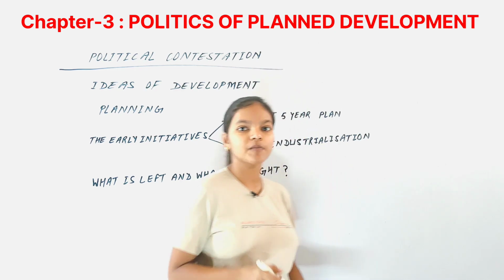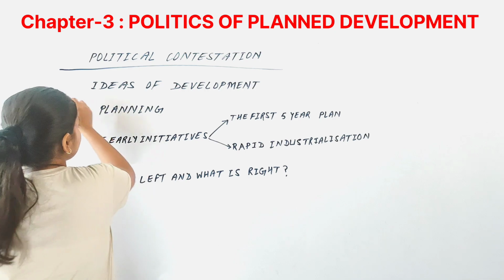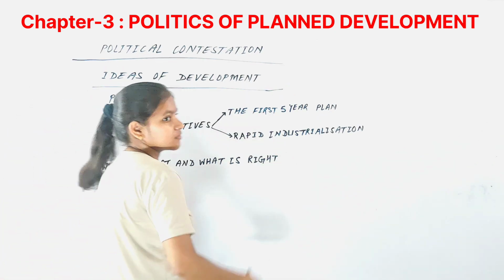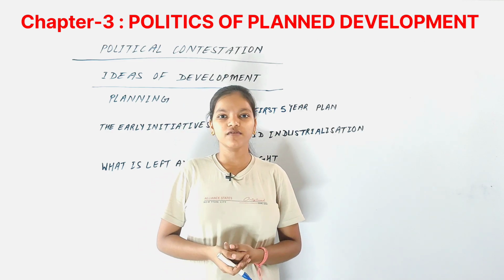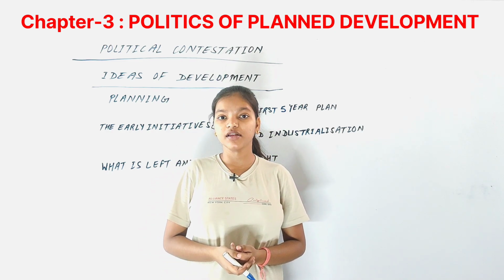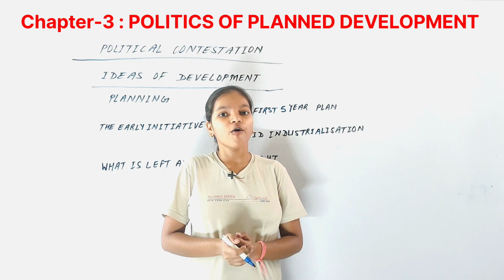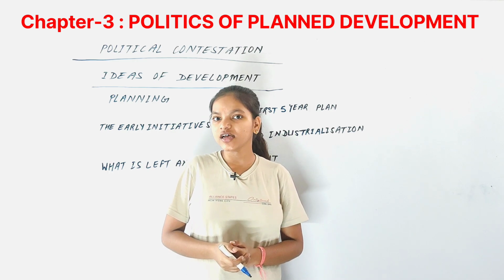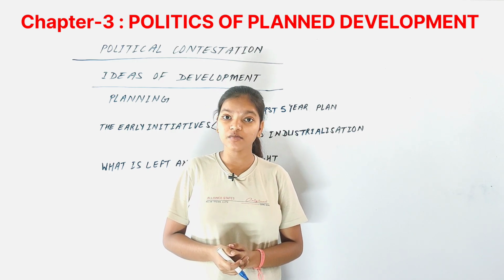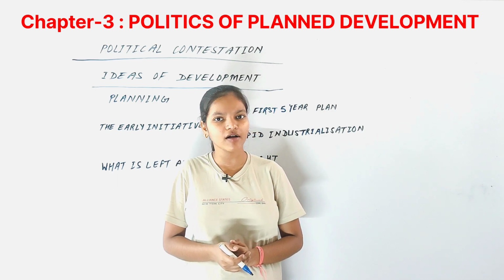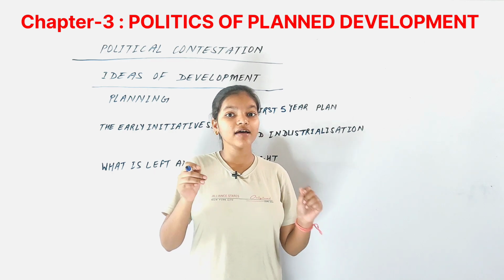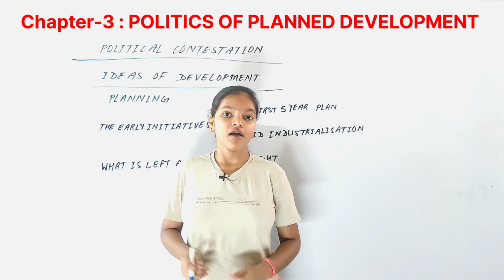Now here the next topic that comes is ideas of development. Now at the time of independence, immediately after independence, what was the thought of the political leaders, the experts or the common people about development? Of course there were contradictions, there were debates about development, but the idea of development was overall the same.